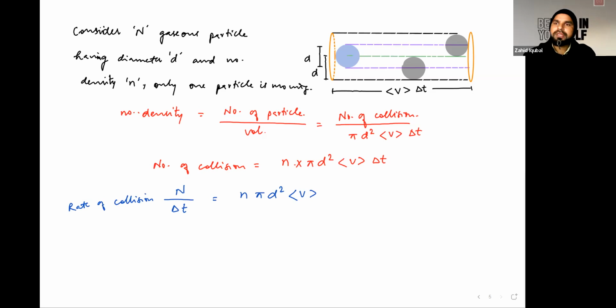So if you take the reciprocal of it, that is delta t divided by n, it will become 1 by n pi d squared times average speed.